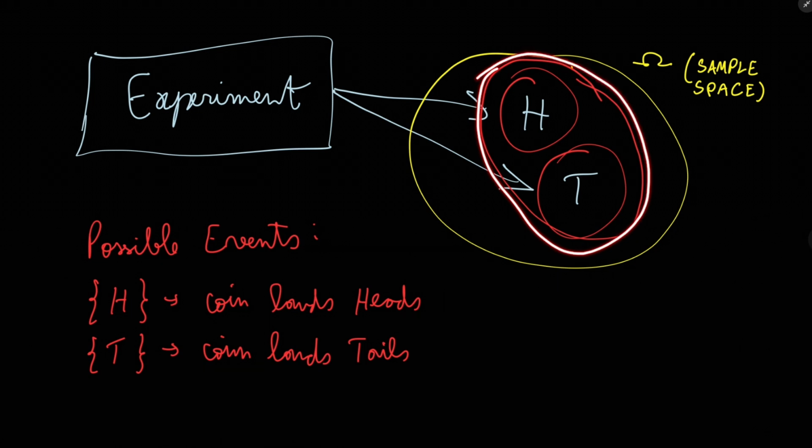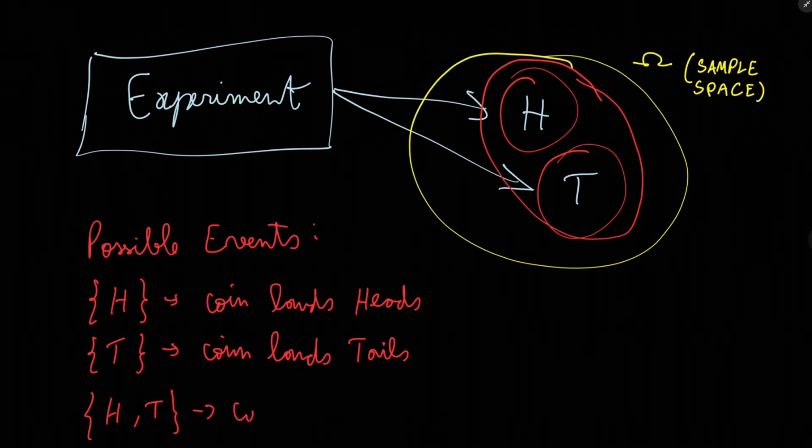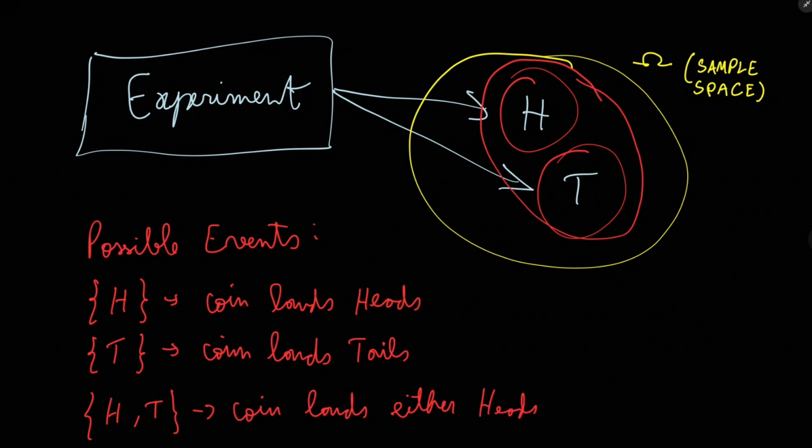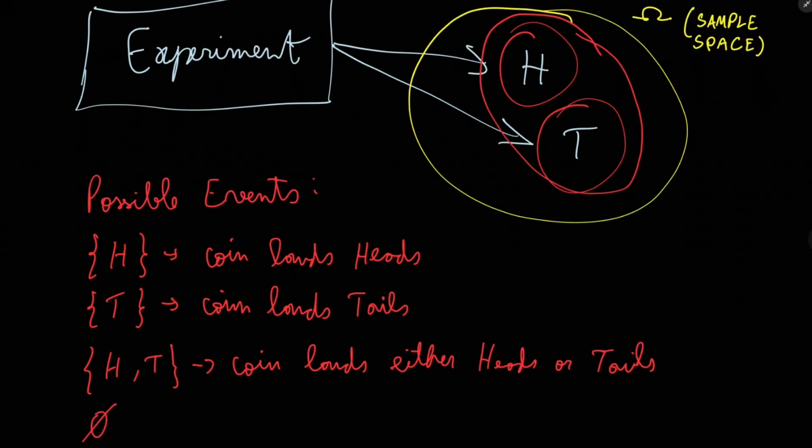Then the subset with both elements, which is h, t, and which means coin lands either heads or tails. And finally, the empty set, which means coin lands neither heads or tails.